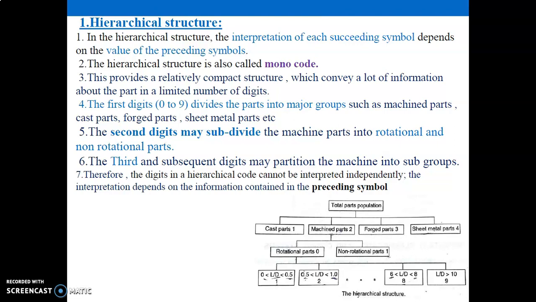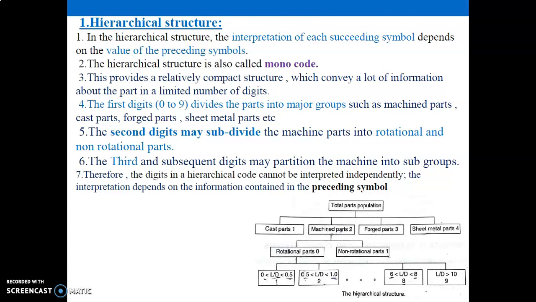Suppose you have the number 0. What is the 0 number related to? Is it a machining part, a casting part, or a forged part? So from the first digit you can identify the major group.